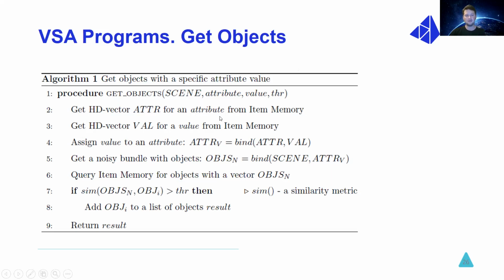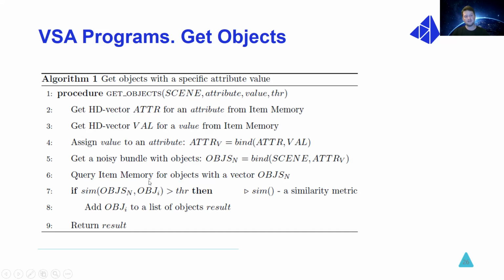Here, first of all, given attribute and value as a name, as symbols, we extract the HD vectors from item memory, then bind them together and get an attribute-value vector, combine it with this scene representation, and get a noisy version of a vector which is close to objects that have this particular value of this attribute.